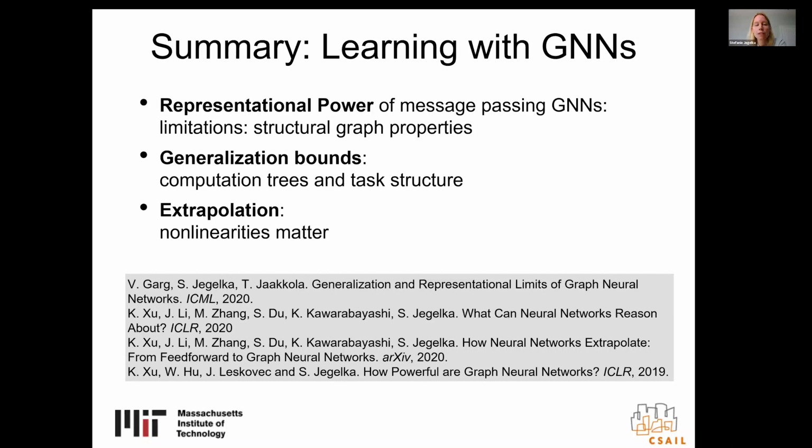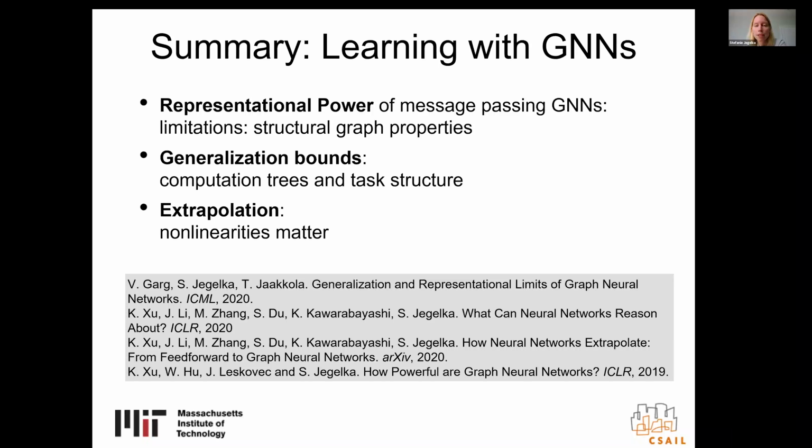We saw there's a lot to think about in terms of taking into account the specific structure of GNNs, so the computation trees and the permutation invariances, but also the interaction between the task, the data distribution, and the model itself. Finally, this matters not only for interpolation, but also for extrapolation, where the nonlinearities and the aggregation functions start to matter even more.